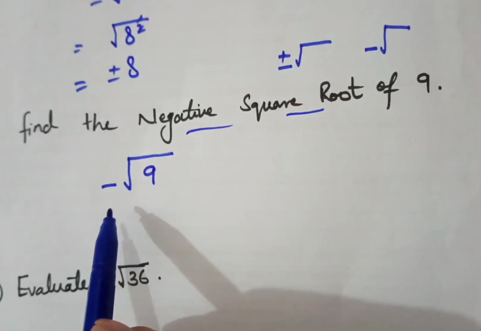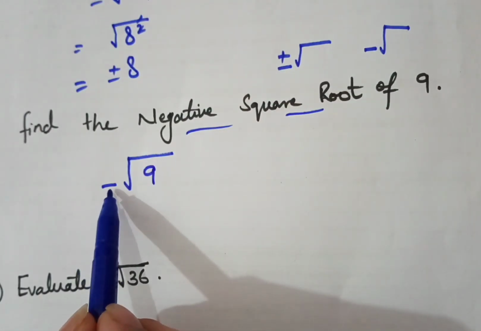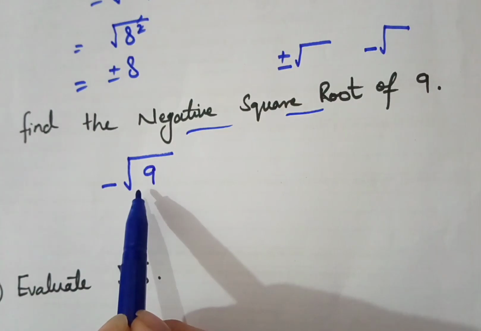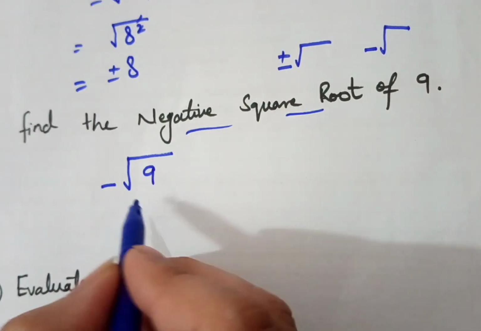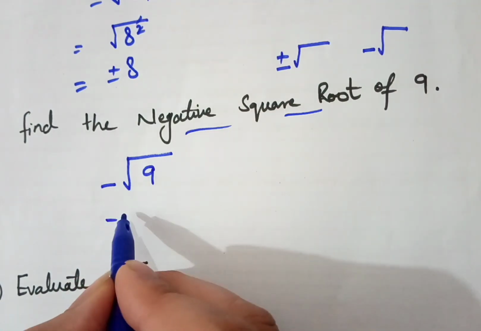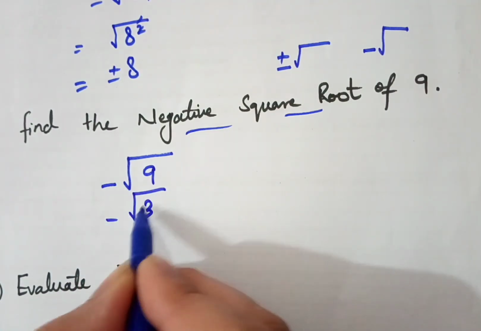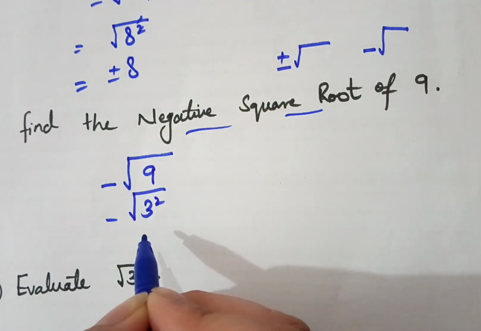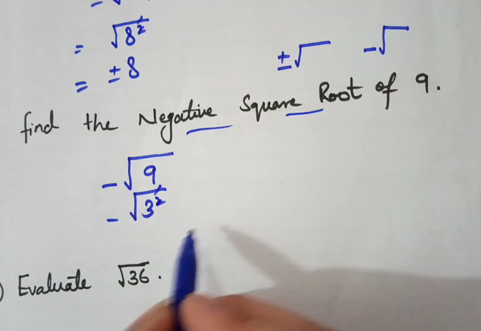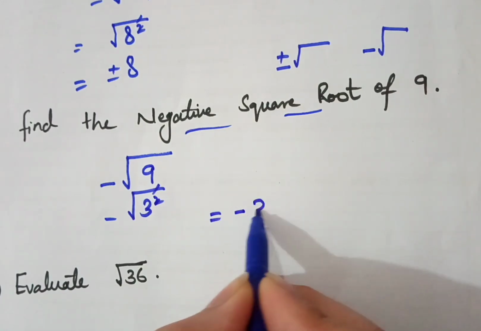Now you have to observe that this minus sign is outside the square root, not inside, because this is the negative square root. Now we solve this. 9 is the perfect square of 3. Now this root sign and the square undo each other, and we get the answer minus 3.